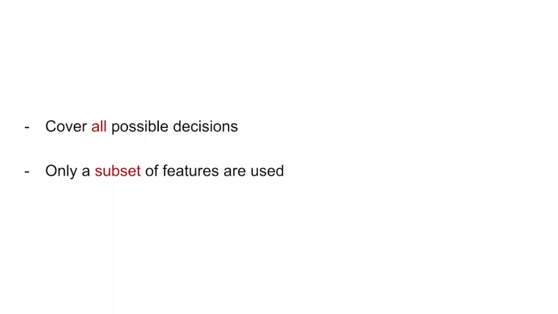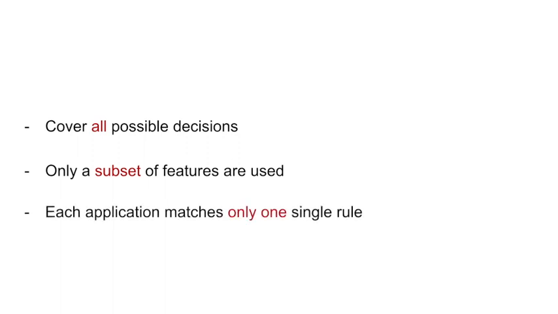That is, some features may be completely ignored in the decision process. For example, the feature total trades and some others are never used in this model, since they do not appear in the list of rules. Third, each application matches only one single rule. That is, it is not possible for an application to match no rule or more than one rule.